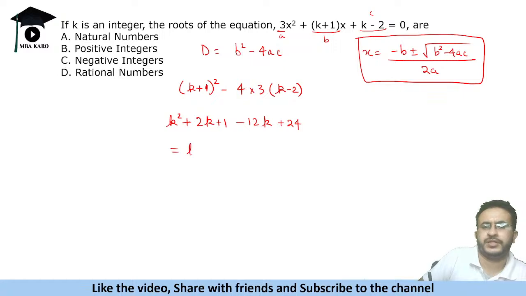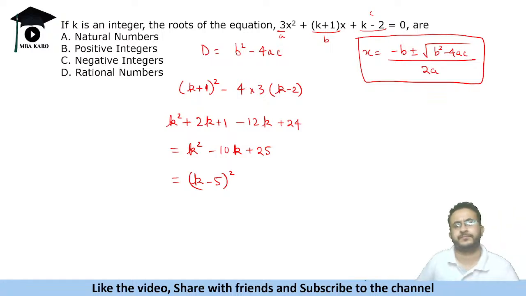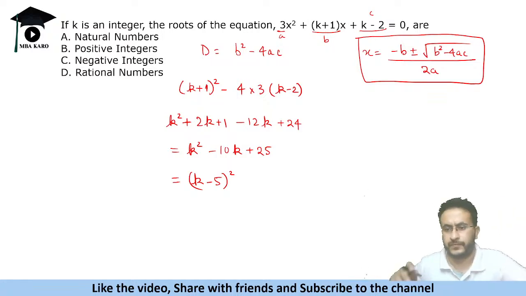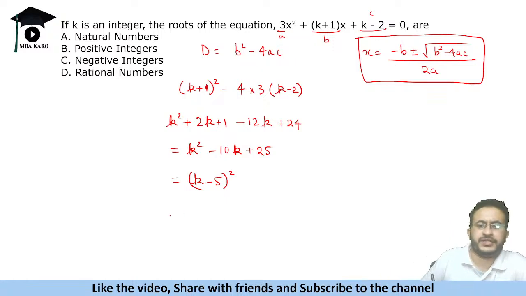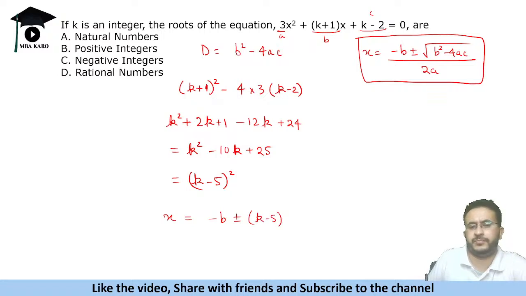So this is k square minus 10k plus 25. So it is (k minus 5) whole square. Okay, (k minus 5) whole square. So now this means that x is equal to minus b plus minus the square root of (k minus 5) whole square, which is k minus 5, upon 2a.